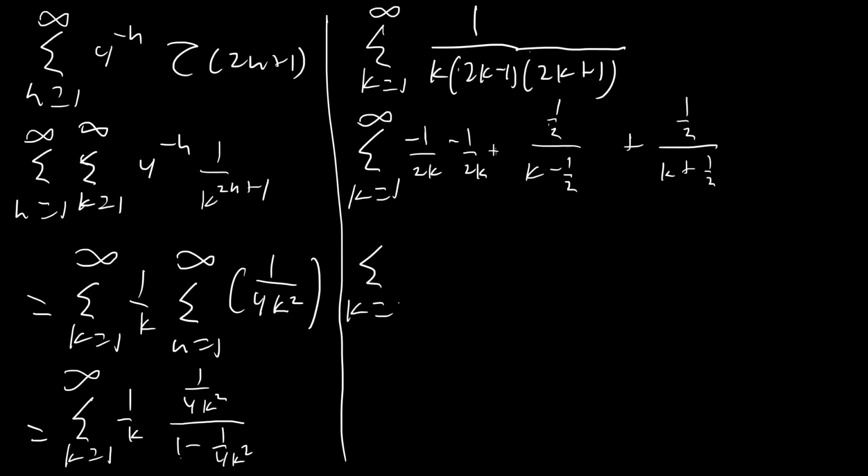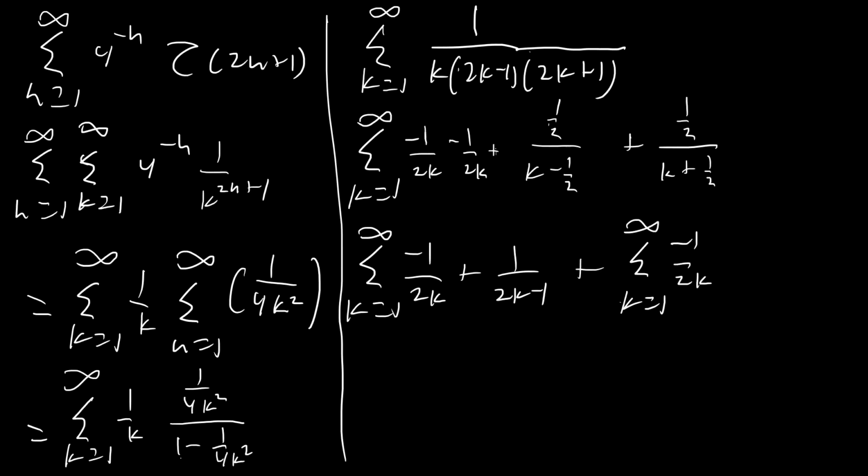So we have the sum from k equals 1 to infinity of negative 1 over 2k plus 1 over 2k minus 1, plus the sum from k equals 1 to infinity of negative 1 over 2k plus 1 over 2k plus 1. Alright, so these two sums are pretty similar and they're going to have pretty much the same result here, but let's just evaluate them both.